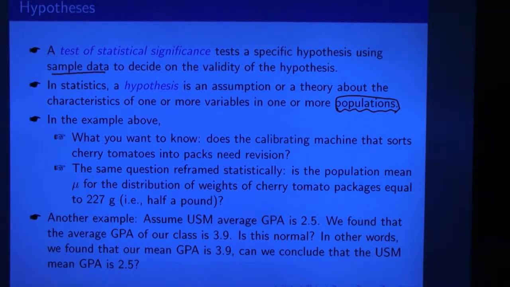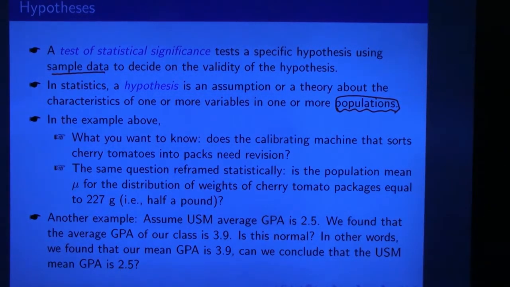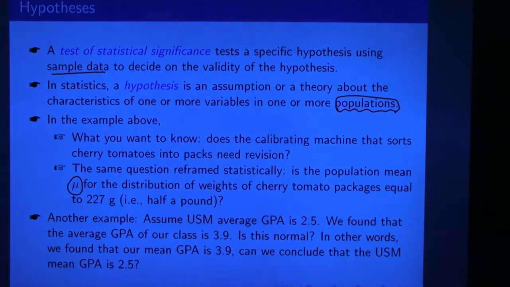So in this example, what you want to know is, does the calibrating machine that sorts cherry tomatoes into packs need revision? This same question can be reframed statistically. Is the population mean, mu, for the distribution of the weight of the cherry tomato packages equal to 227?